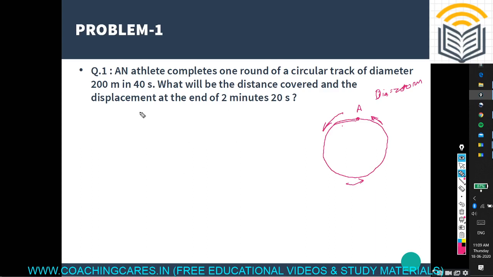So for one round, the distance covered in one round is equal to 2 pi r.